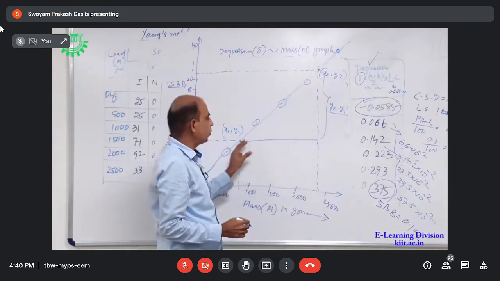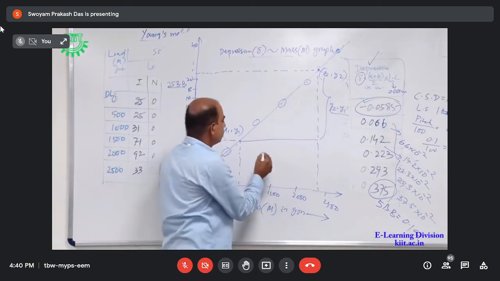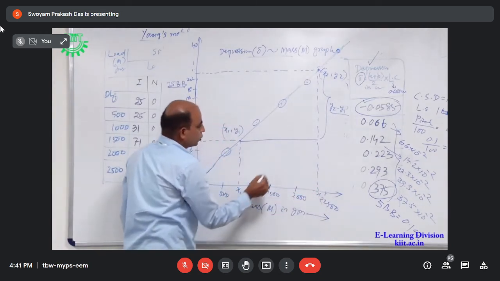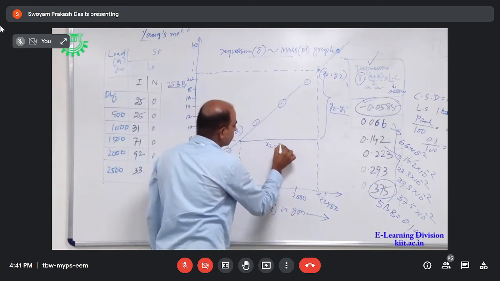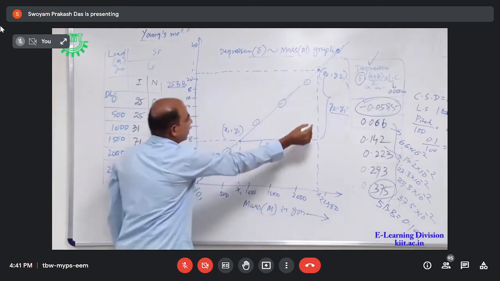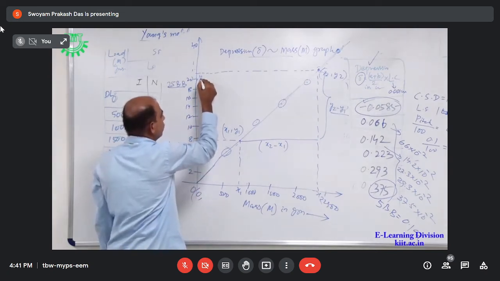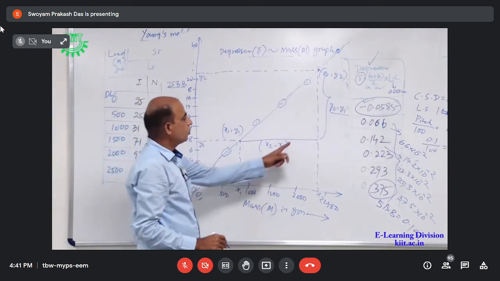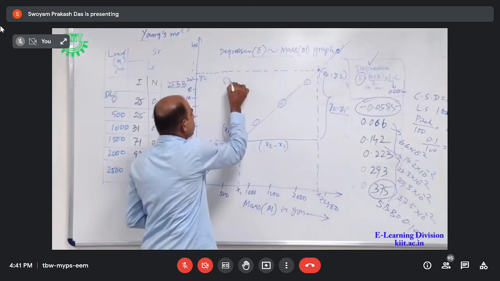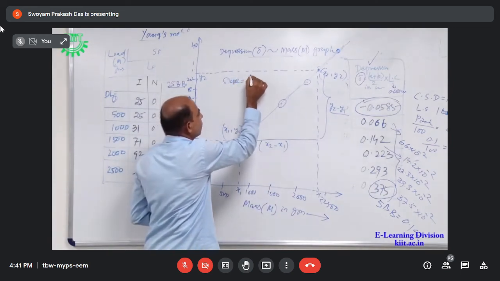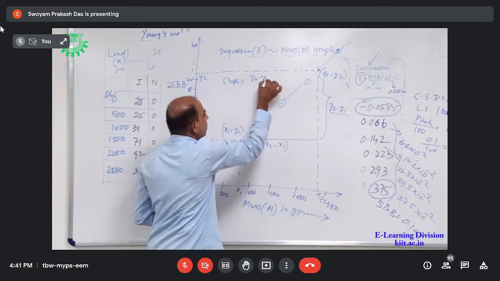From these 2 random points we will find the slope, y2 minus y1, and this is x2, this is x1. So this value is x2 minus x1, and this is y1, this is y2. So slope, clearly it should be mentioned in the graph paper, y2 minus y1 divided by x2 minus x1.